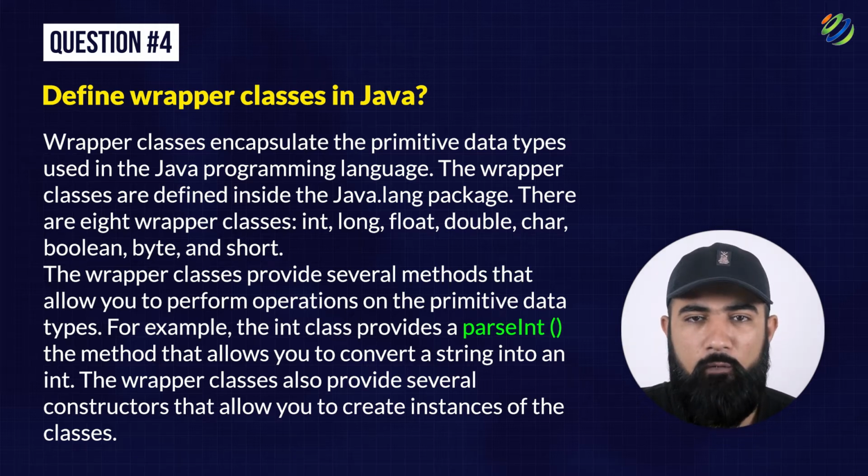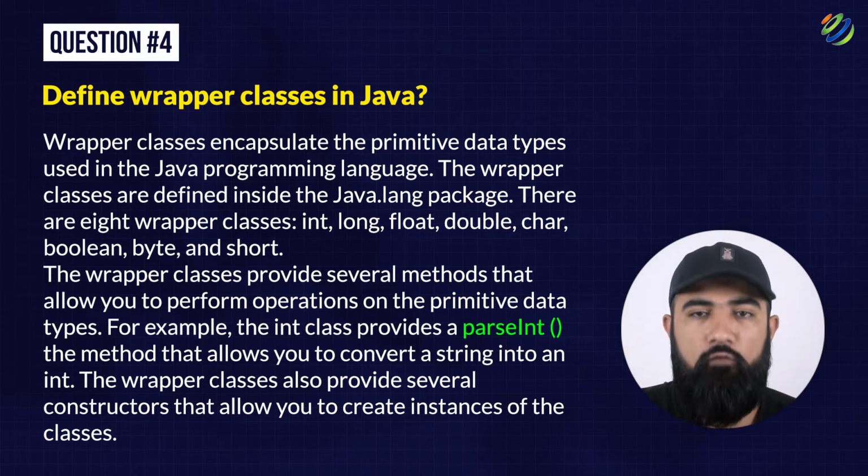The wrapper classes provide several methods that allow you to perform operations on the primitive data types. For example, the Integer class provides parseInt, which is a method that allows you to convert a string into an int. The wrapper classes also provide several constructors that allow you to create instances of the classes.